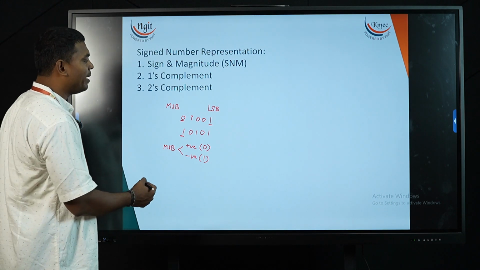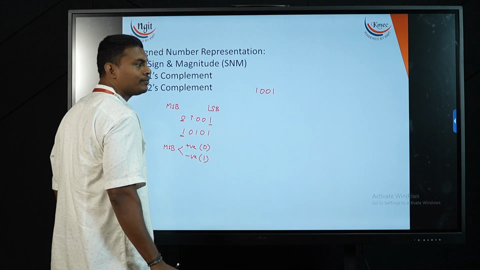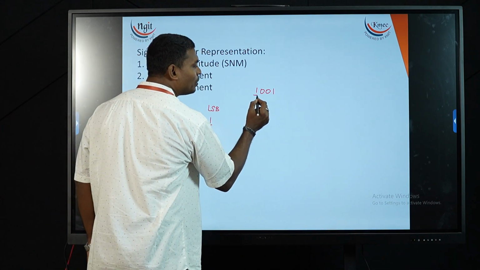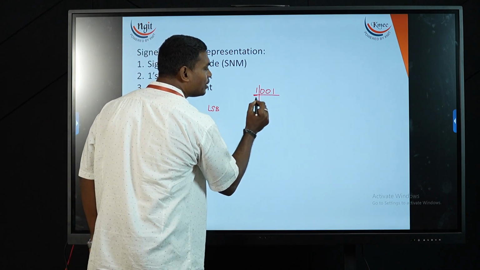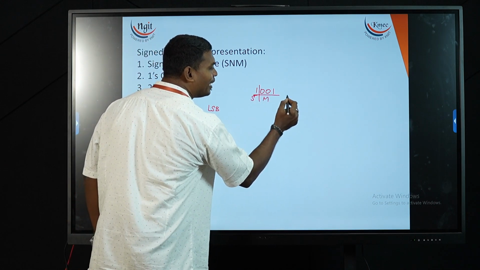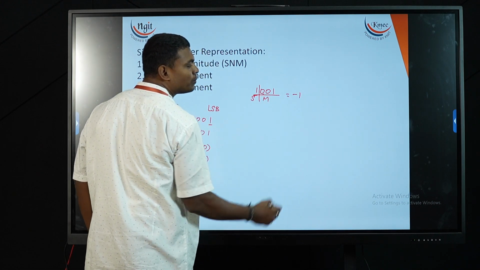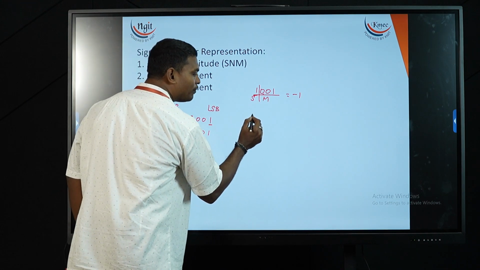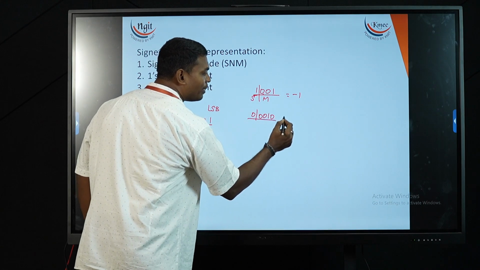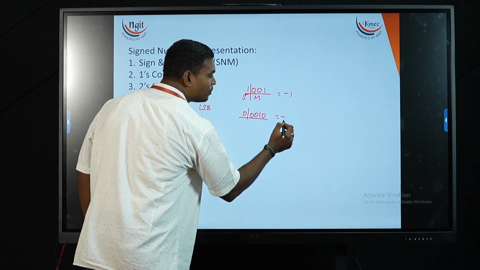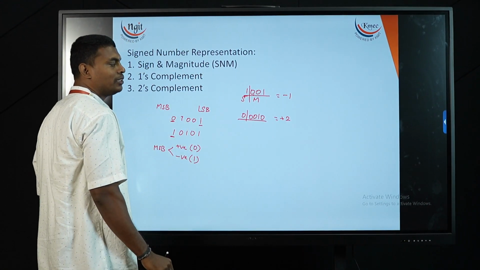For example, if I am having a number 10001, my MSB is 1. This is my sign, this is my magnitude. My sign bit is negative and my magnitude is 001, that is minus 1. If I am having 00010, my sign bit is positive, and this number is plus 2.